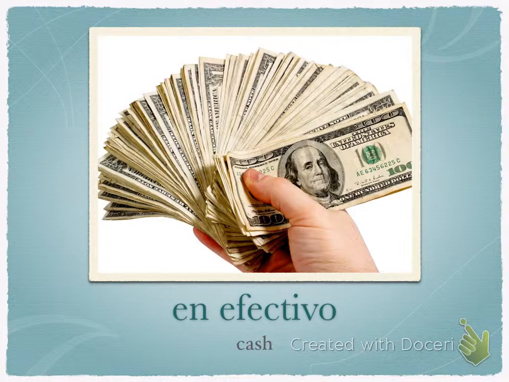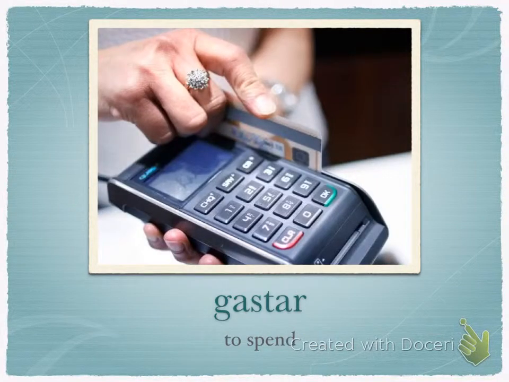Now, if we're going to say how we're going to pay for things, if we're saying we're paying cash, we say en efectivo. That's in cash. Now, to spend, gastar, regular AR verb. So we'll conjugate just like any other AR verb.